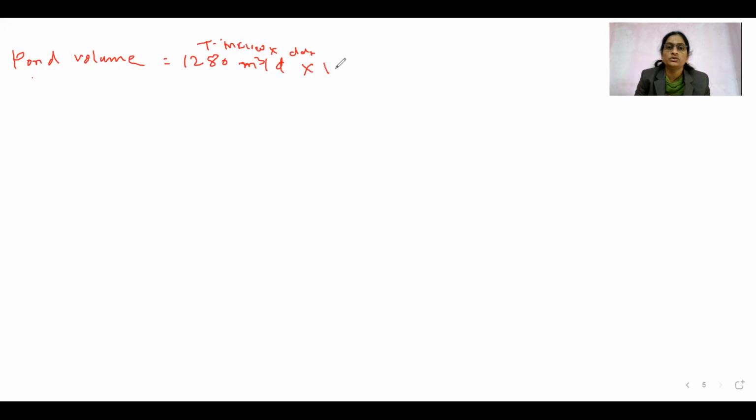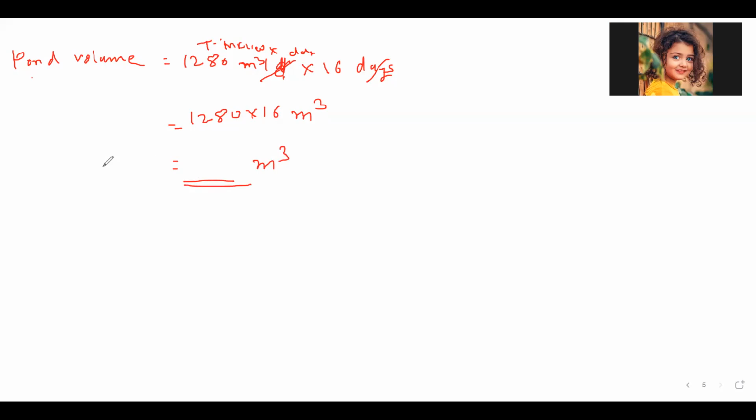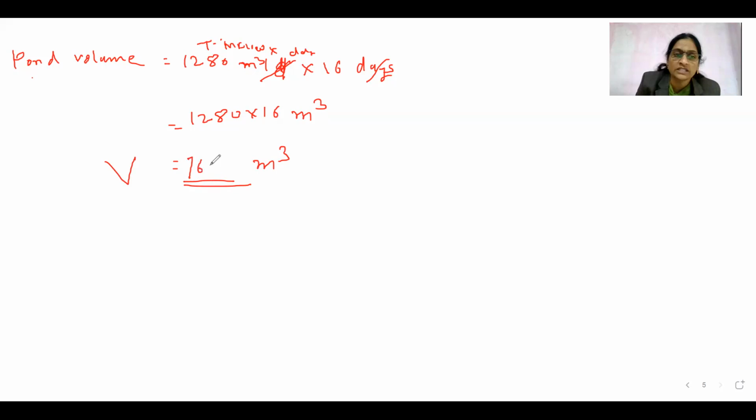So pond volume is equal to 1280 into 16. The days cancel and it will remain in meter cube. So 1280 into 16 meter cube. What is the answer? 7680 meter cube. This is the volume.